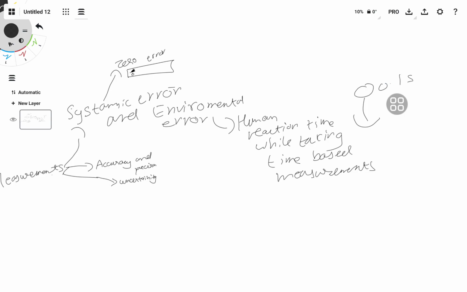So yeah, this is human reaction time error, or it could be errors in measurement.